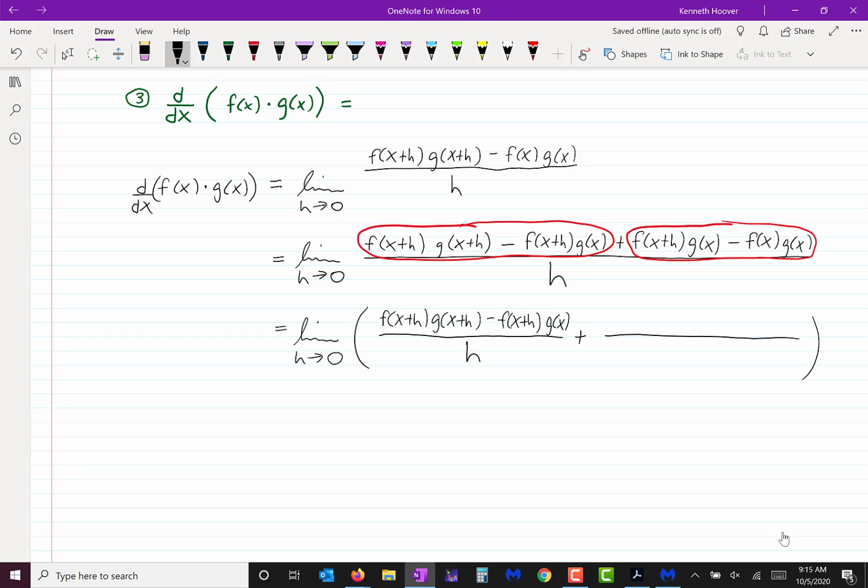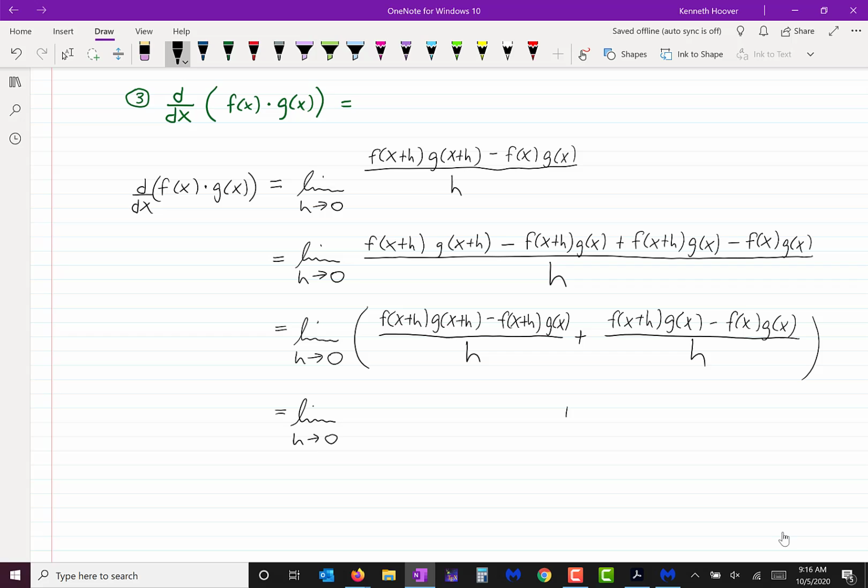So there's the first one. And here's the second one. Okay, and I can now split that up into two separate limits. Also, in the first one there, notice on the top that both terms have an f of x plus h, so I can factor that out.